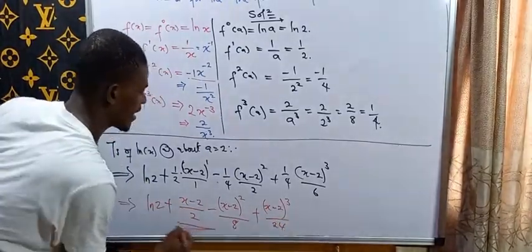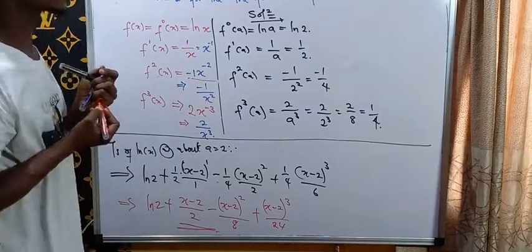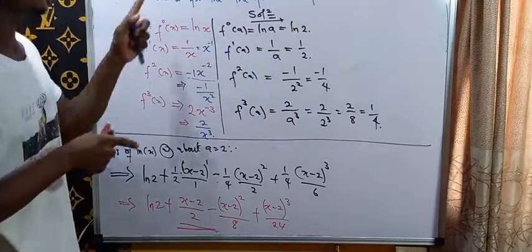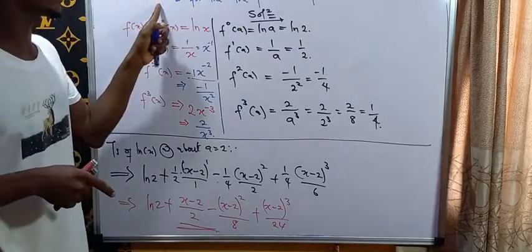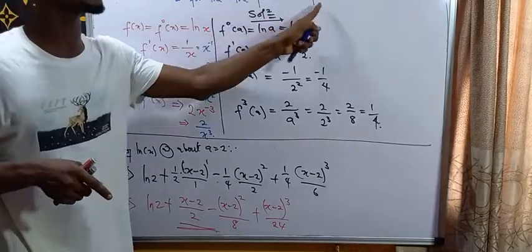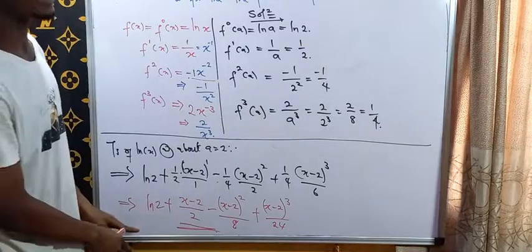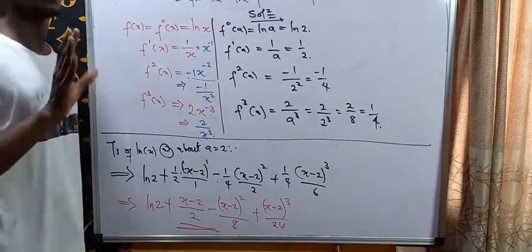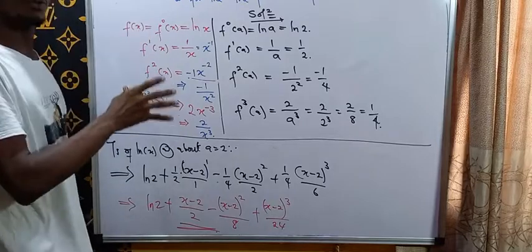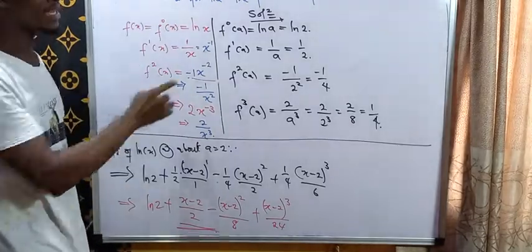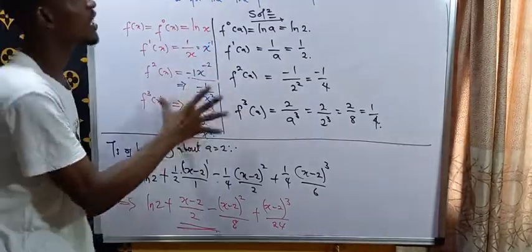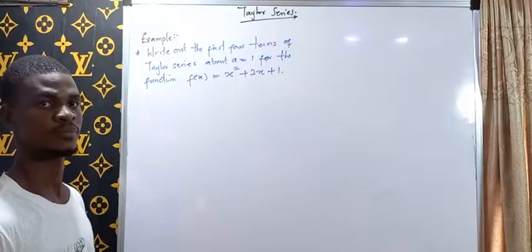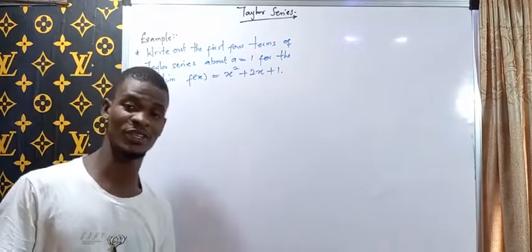Final answer. So the Taylor series about a equals 2 for the function f of x equals ln x is the same thing as this. So that's Taylor series. Before you can solve the question on it, what you just have to do is break down your f of x, f of a, then you substitute everything into the formula. That's all. Thank you.